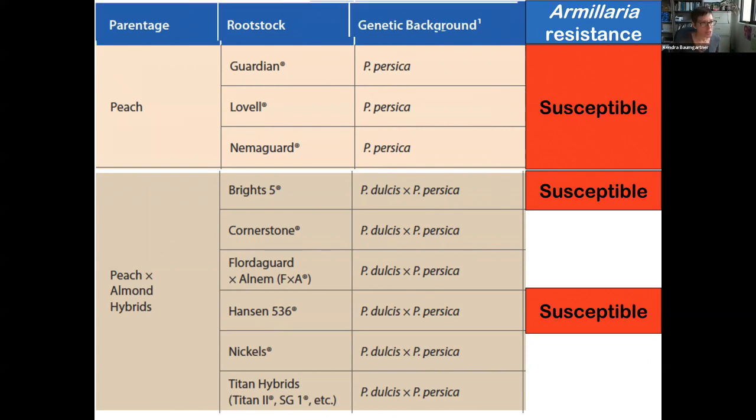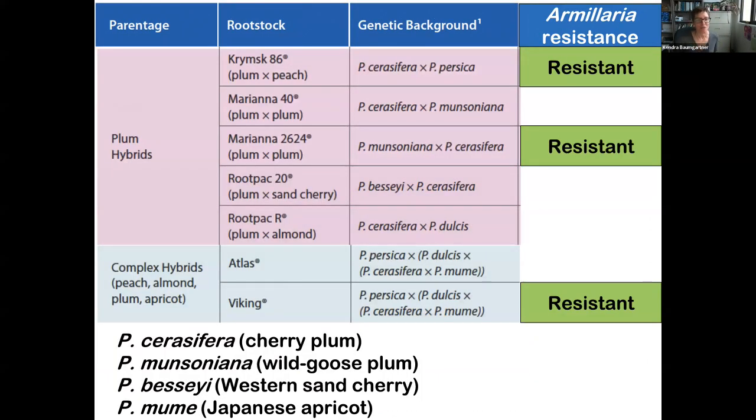But there is hope. As I showed you before, with the picture of the Viking, the plants on the Viking rootstock, we have these Viking, which turns out to be resistant in my assay. But I also want to mention a whole set of plum hybrids, which include, when I say plum, I mean plum in the broad sense.